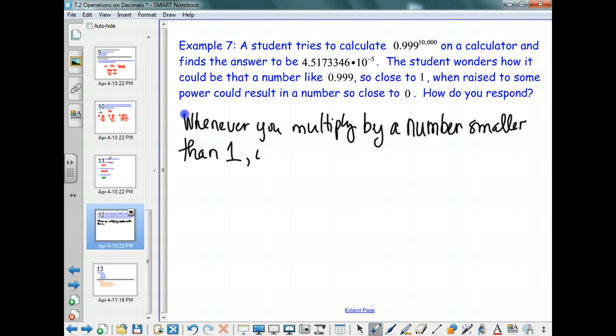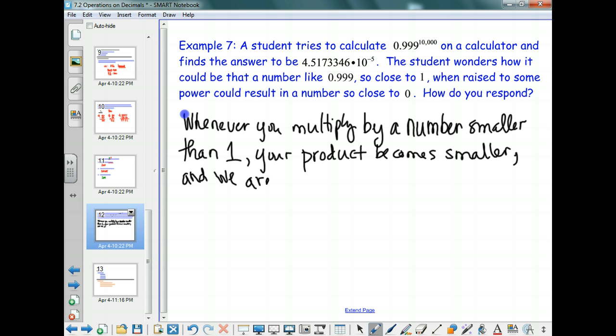Your product becomes smaller. And we are doing this 10,000 times. That is, we're doing this multiplication process 10,000 times. So we do expect that it's going to continue to get smaller.